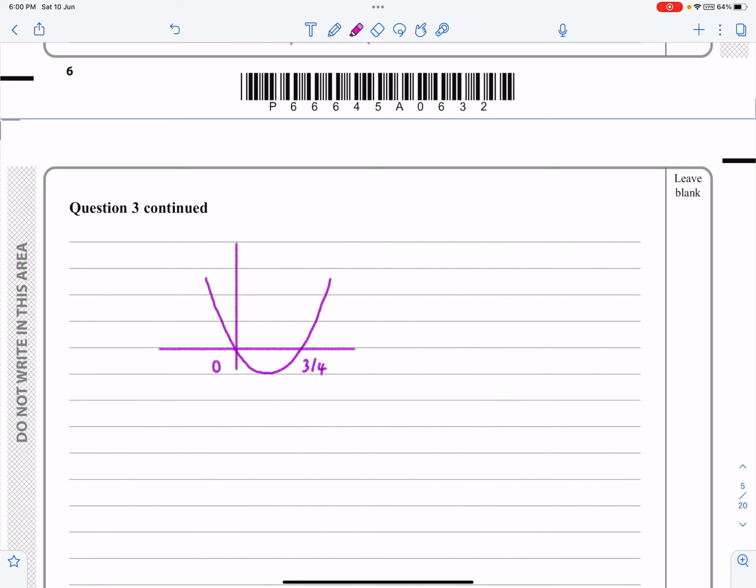So if I want, when is the graph less than 0, which I do, that now gives me my answer to my region, which is less than 3 over 4, but greater than 0. Please, please, please try and make sure you've got a sketch associated with the final part of that answer. Okay, so that's part 1 done.